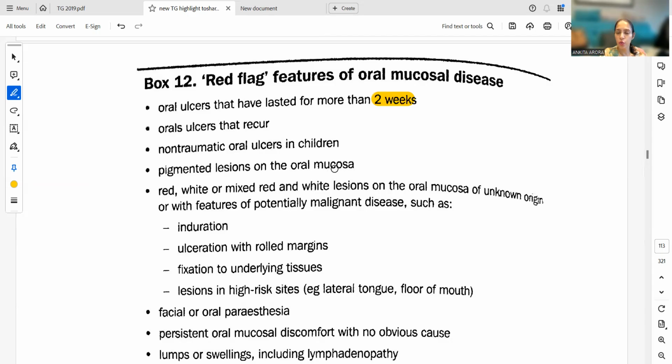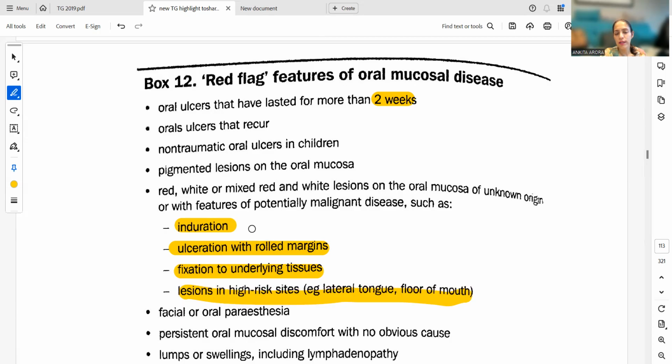Pigmented lesions on the oral mucosa. Red, white, or mixed red and white lesions on the oral mucosa of unknown origin, or with features of potentially malignant disease such as induration, ulceration with rolled margins, fixation to underlying tissues, lesions in high-risk sites like lateral tongue, floor of the mouth.